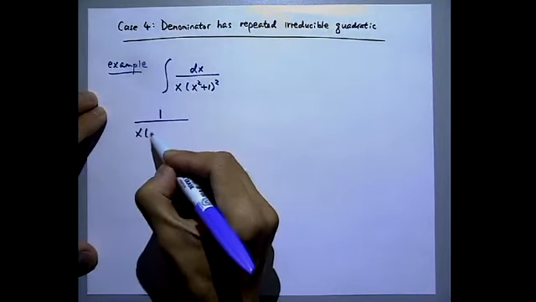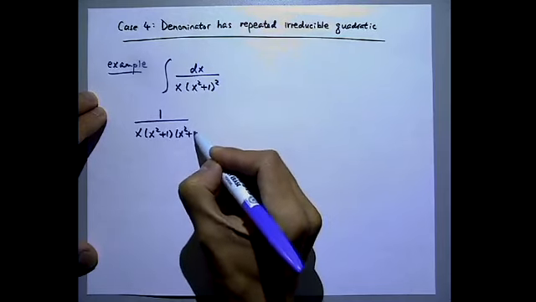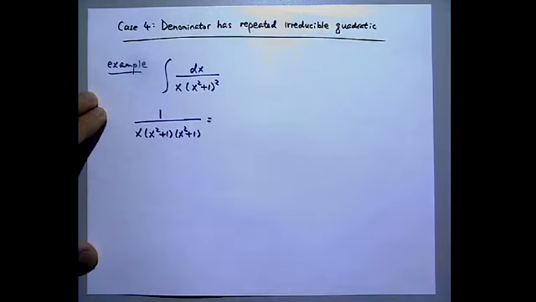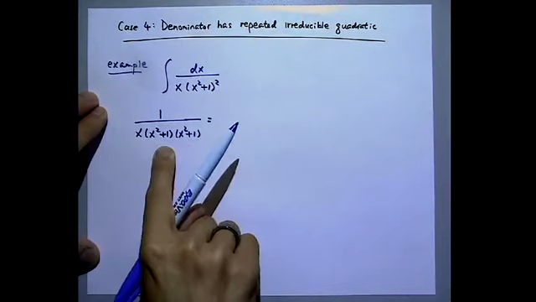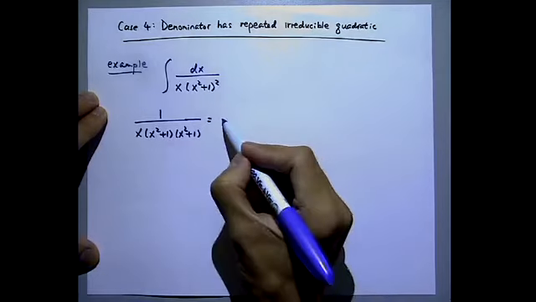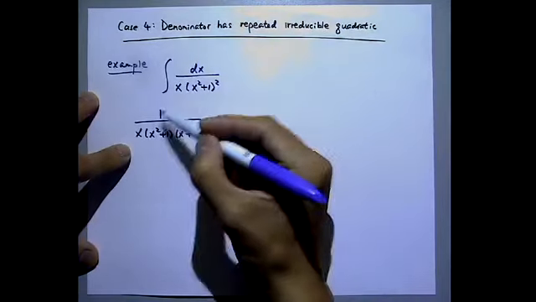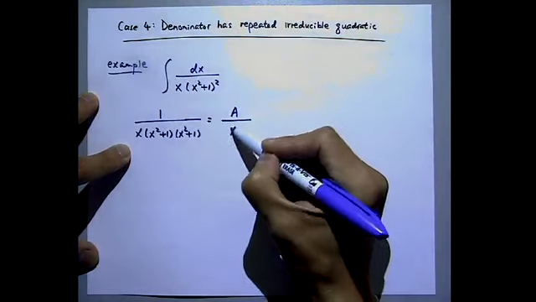Let's go ahead and expand this. I have one distinct linear and one repeated quadratic factor. The linear part is obvious, A over x.